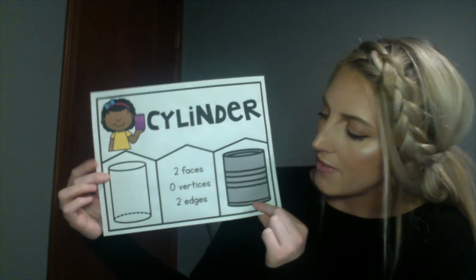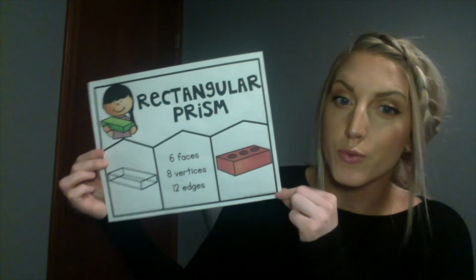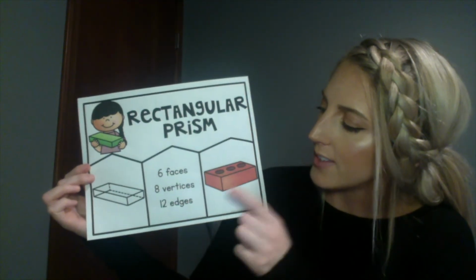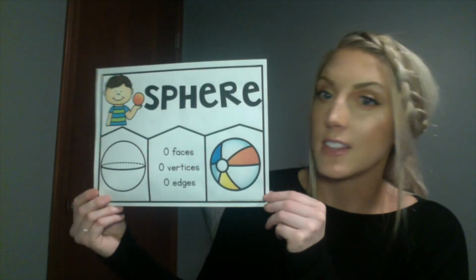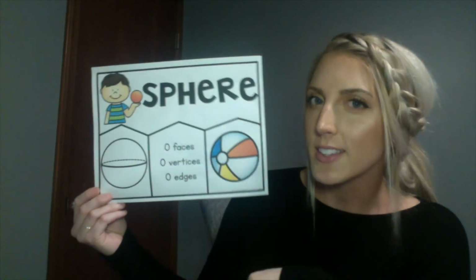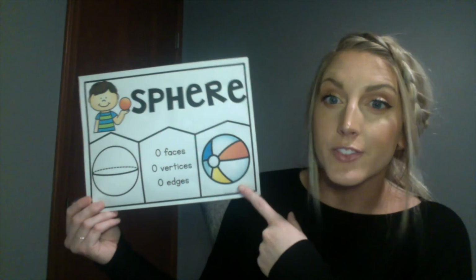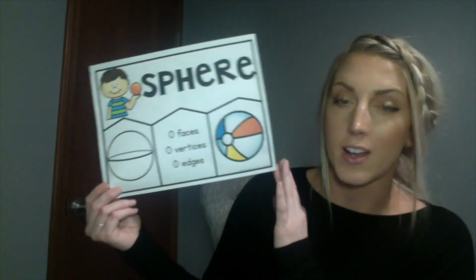The example they gave us is like a can of soup. We learned about a rectangular prism, and their example was a brick. Then we learned about not a circle. What's this called? A sphere, and they used a beach ball as an example of a sphere.